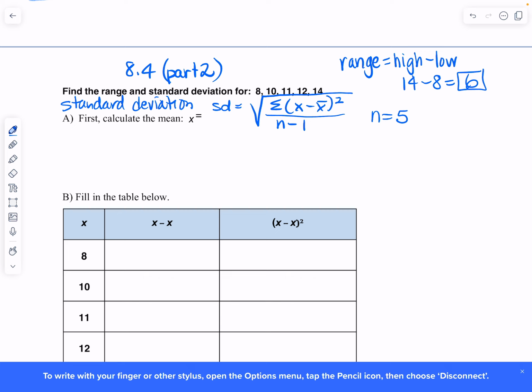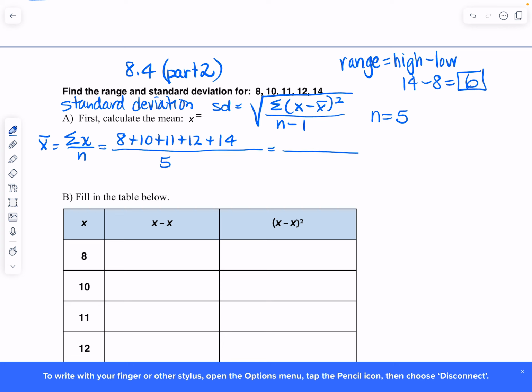Next I need to know the mean. So to find the mean, remember x bar equals the sum of the x values over n. So I'm going to take 8 plus 10 plus 11 plus 12 plus 14 and divide that by n, which is 5. Okay, so let's figure that out.